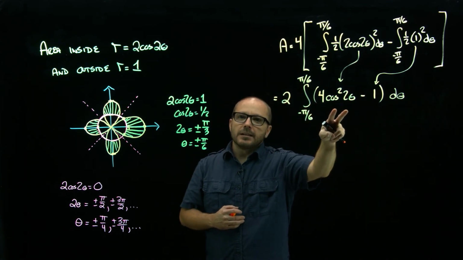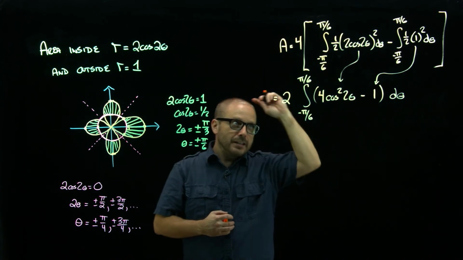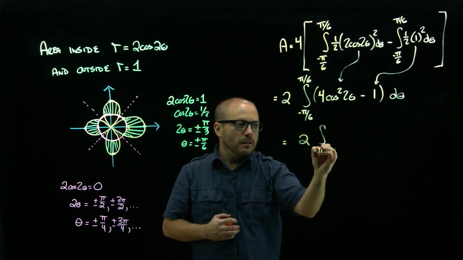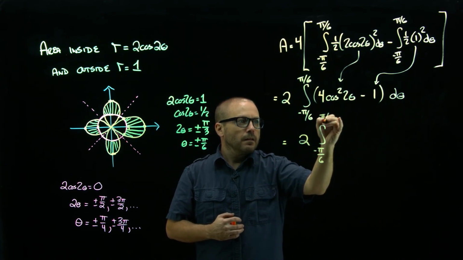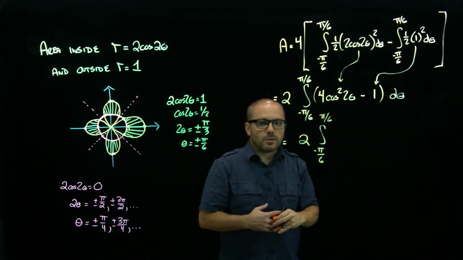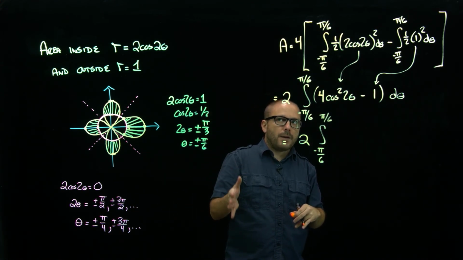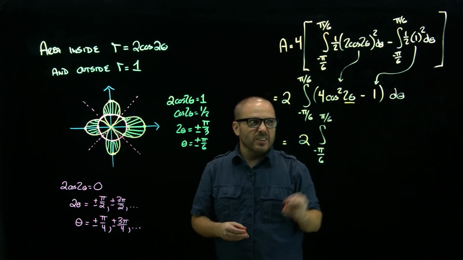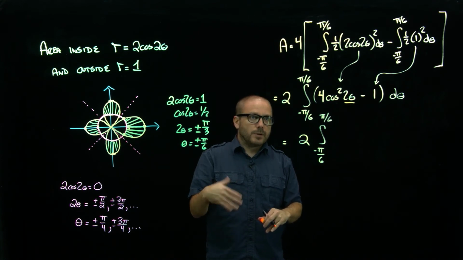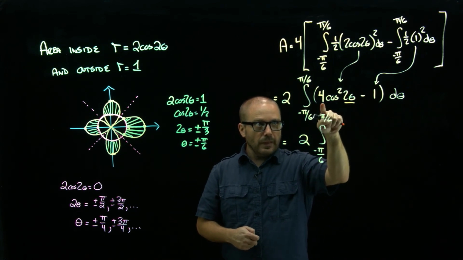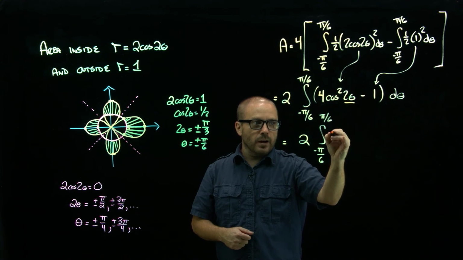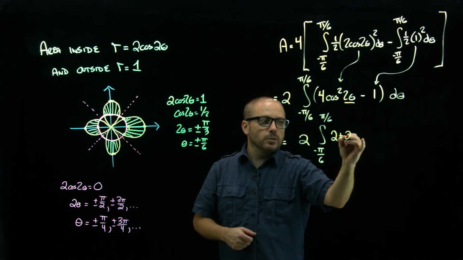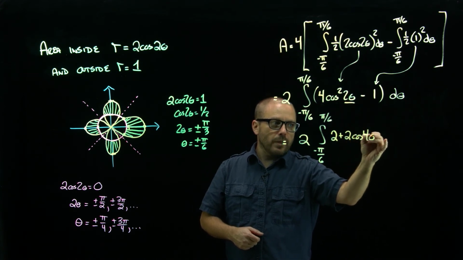Again, we're going to see lots of sine squareds and cosine squareds, so we want to use our identity. Cosine squared is 1/2 times 1 plus cosine of twice the angle. We have to be a little careful here. The angle's already 2 theta, so when we double it, it's going to get 4 theta. The half in the identity is going to make that 4 a 2. So it's going to be 2 plus 2 cosine 4 theta.